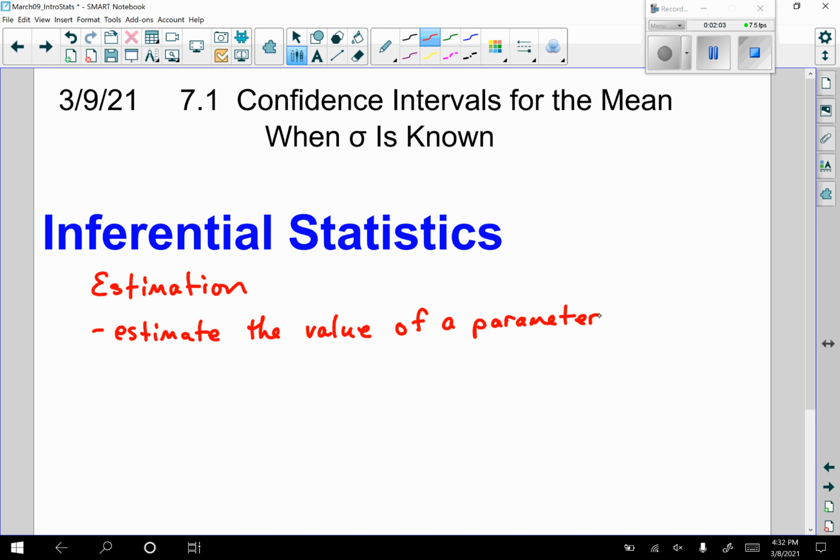So we're estimating the value, some kind of measure for a population from information obtained from a sample.